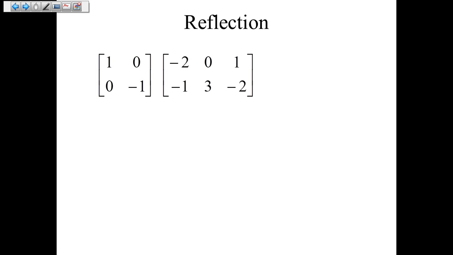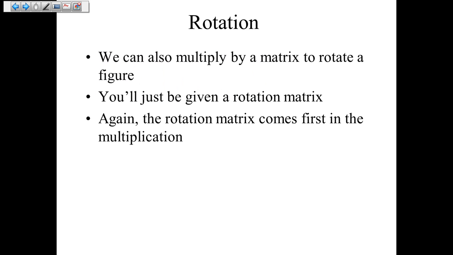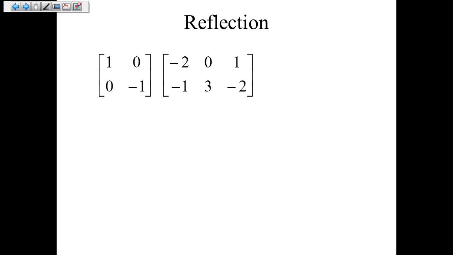When we multiply, that top row is going to leave the x coordinates alone. So they're going to stay -2, 0, and 1. That bottom row, the 0, -1, is going to change the sign on all of our y coordinates. So what this is going to be is a reflection over the x-axis.